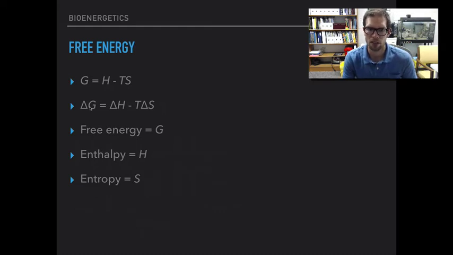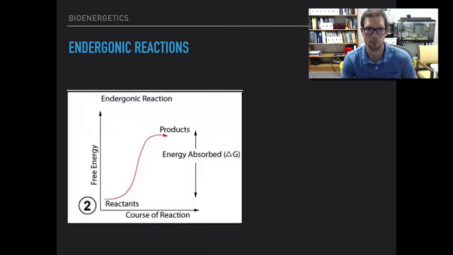So let's look at delta G in the context of some energy diagrams. So there's two types of chemical reactions. There are endergonic reactions, where energy actually has to be put into the system, and there's exergonic reactions, which release energy. So if we look at these diagrams, the course of the reaction runs here on the x-axis, the free energy is over here on the y-axis. So you start off with reactants and you form products.